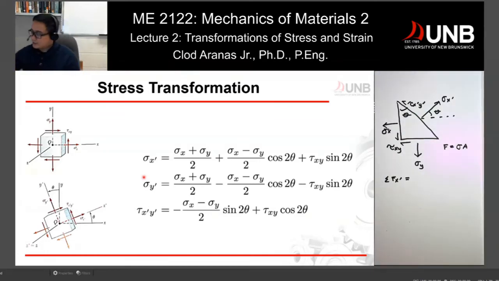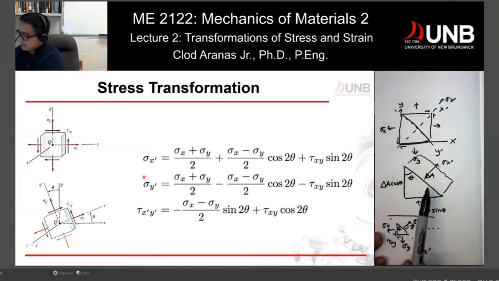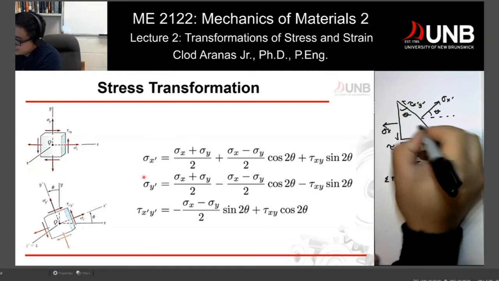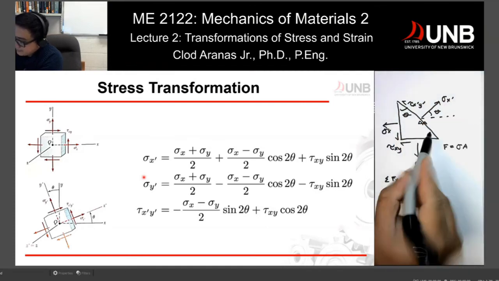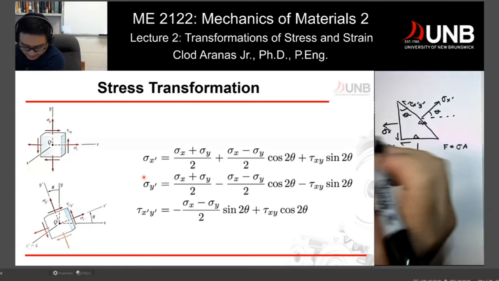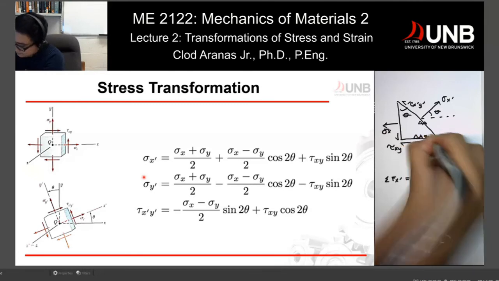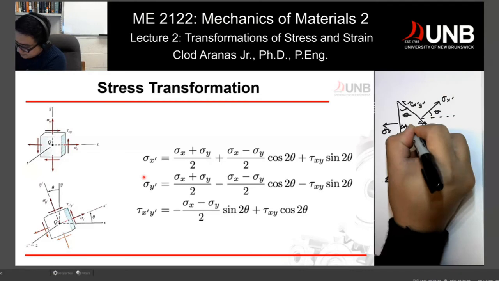Earlier we discussed that this would be delta A, that's delta A sine theta, that's delta A cosine theta, which means I can use those areas. So this is delta A, that's the surface there, that's delta A sine theta, and this is delta A cosine theta.